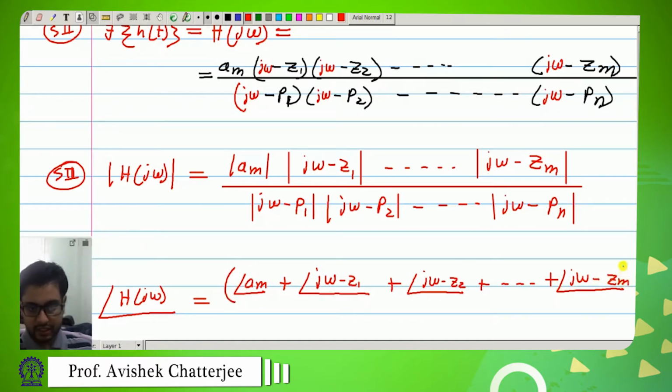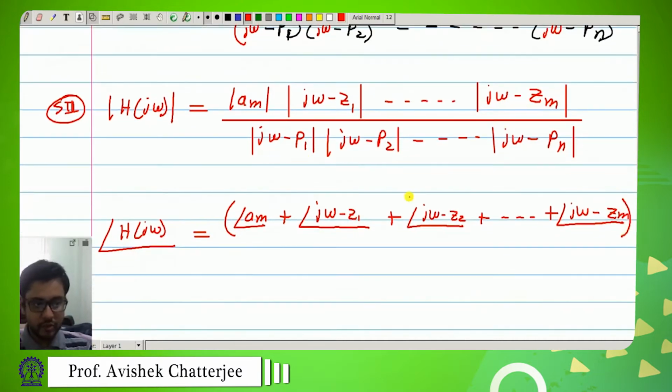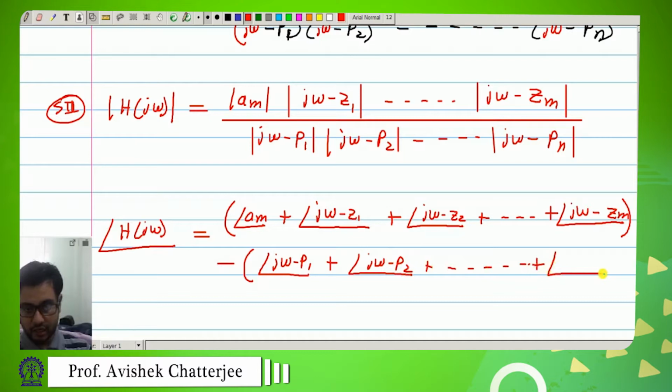This is from the numerator, and then from the denominator we will get minus angle of j omega minus p1 minus angle of j omega minus p2 dot dot dot minus angle of j omega minus pn.